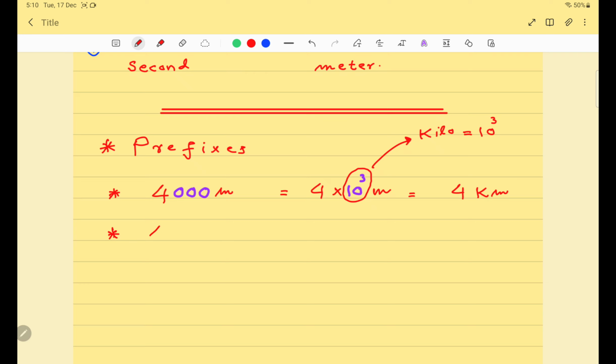In the same way, if you are measuring the size of a file in computer and its size is 4,000,000 bytes, it can be expressed as exponent 6 because it contains six zeros.